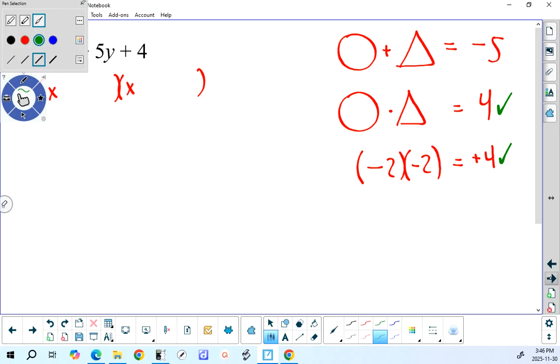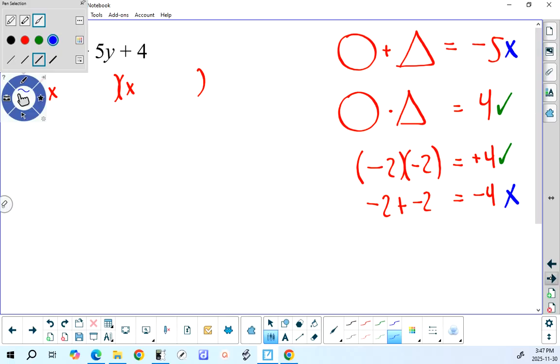However, if we take those same two numbers, negative 2 plus negative 2, that gives us negative 4, and that does not match what we should get. That's a wrong statement. We should get negative 5.